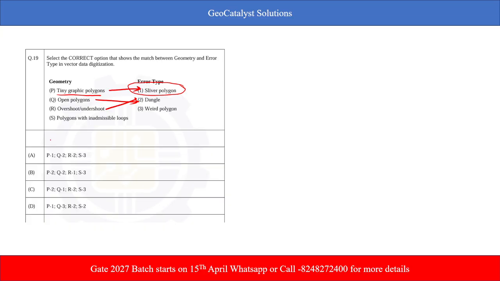And polygon with inadmissible loops, so this creates topologically invalid polygon shapes. Okay, and these are called weird polygons. So we can match P. For P it is 1, so this 2 cancel. Q and R it is 2. Okay, so S 3. So A will be the correct answer.